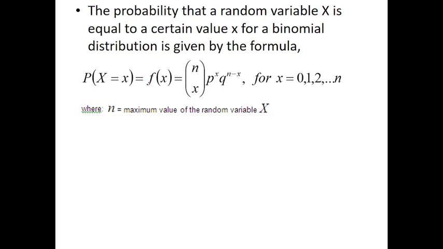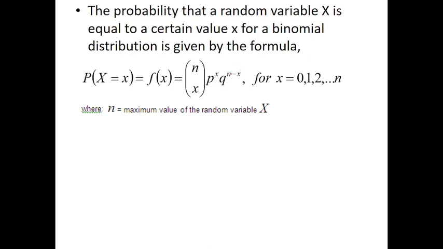Probability that X equals x is equal to f of x, which is the combination of n taken x at a time multiplied by the probability of success p raised to the power of x, which is the value of the random variable, multiplied by q, the probability of failure, raised to the power of n minus x.